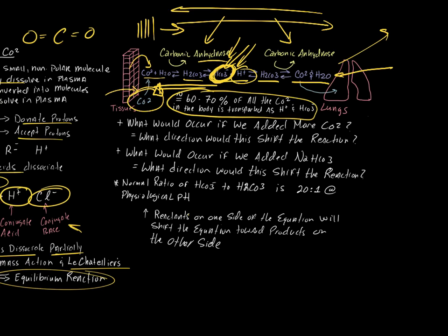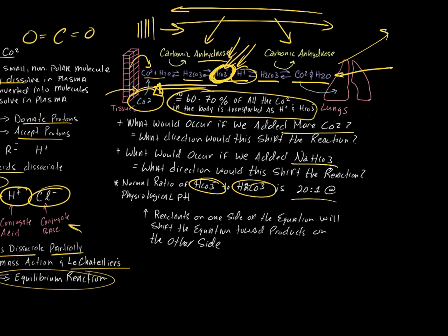Okay, so if we added more CO2, what would occur? Well, we just talked about that, right? It would make more carbonic acid. If we added a bunch of sodium bicarbonate, that would tend to make more CO2. And remember, we talked about the blood buffer system, and we said that normal ratio of bicarbonate to carbonic acid is 20 to 1.